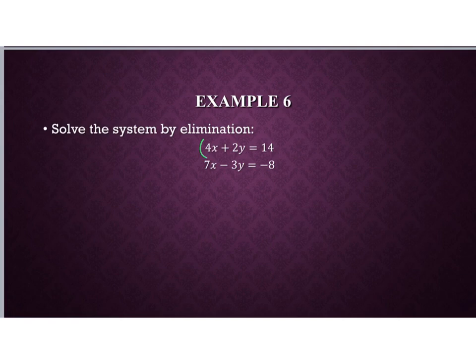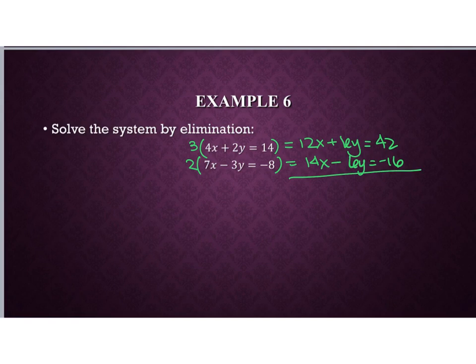So if I multiply my top equation by 3 and my bottom equation by 2, this is going to give me 12x plus 6y equals 42, and my bottom equation is going to give me 14x minus 6y equals negative 16. Now what I've done is I've given myself the same coefficient with opposite signs on the y value.